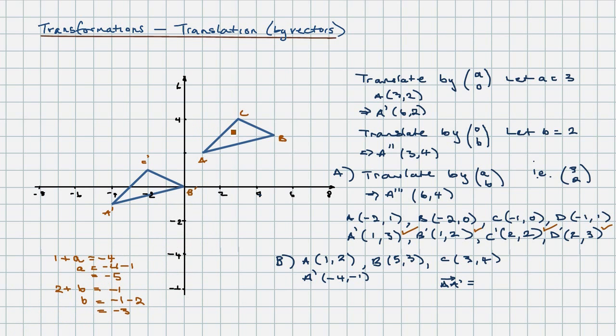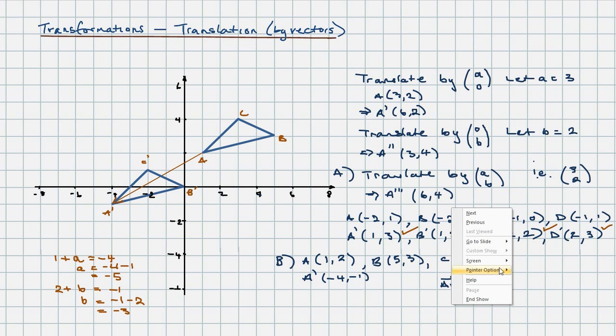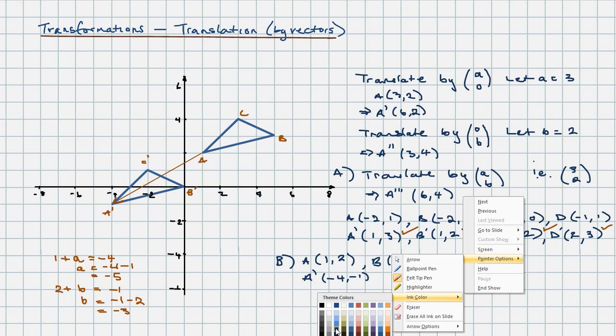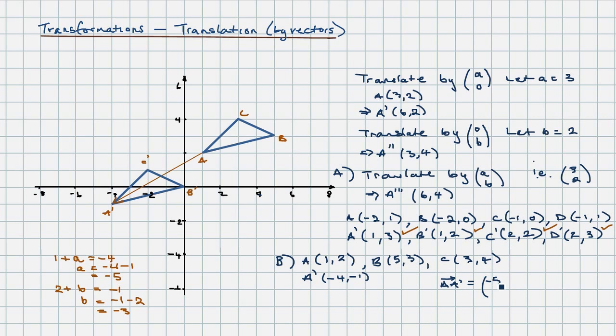If I draw the arrowhead here straight away and then just draw down, I just need to count the squares. 1, 2, 3, 4, 5 to the left, so in the negative direction, and 1, 2, 3 again downward, so in the negative direction, so it is minus 5 for the first component and minus 3 in the second component.